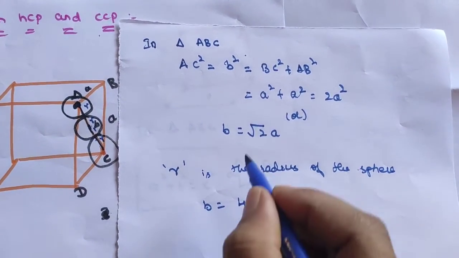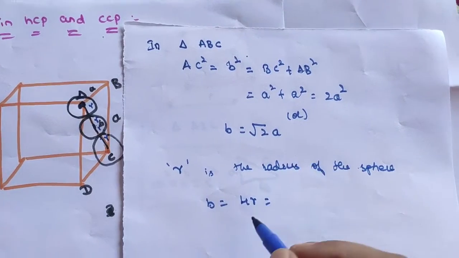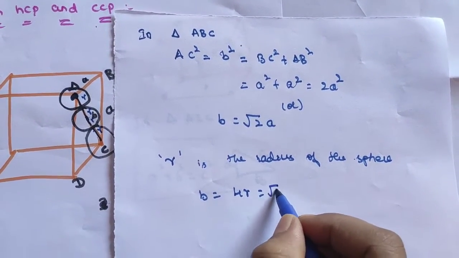We have already the value of B, that is root 2 into A, so you can take root 2 A.